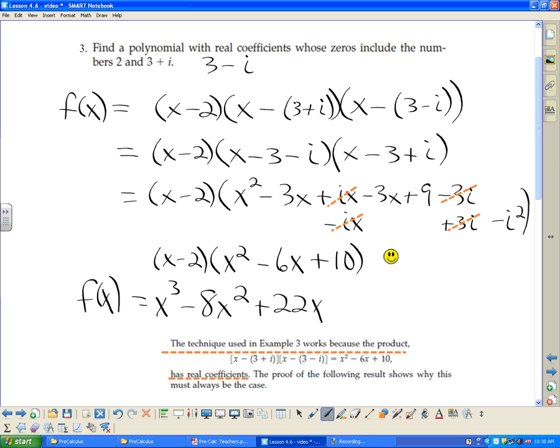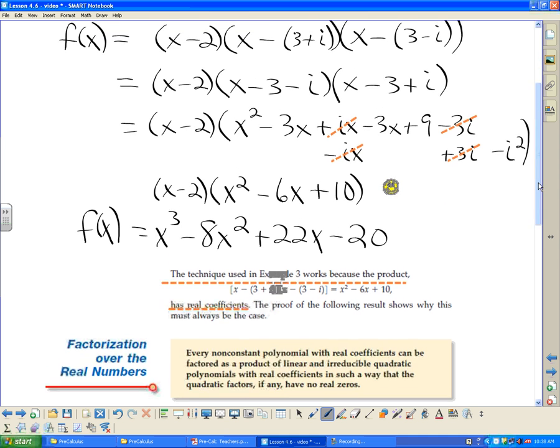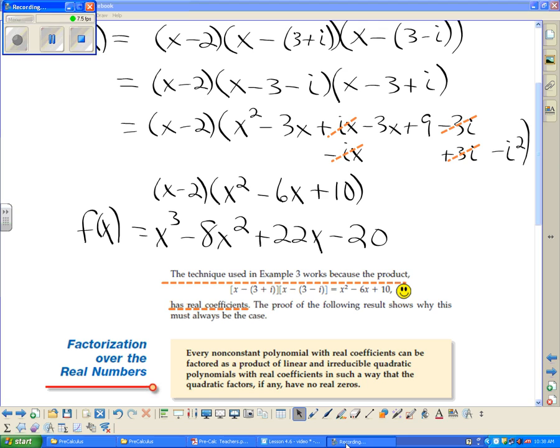And then negative 2 times 10 is negative 20. And there's our polynomial. But the thing to notice is that, as it says right here, this technique used in example 3 works because the product, x squared minus 6x plus 10, has real coefficients. And that would be our solution for this problem.